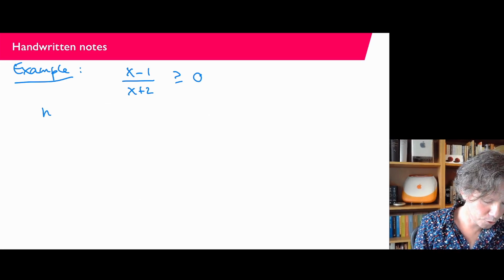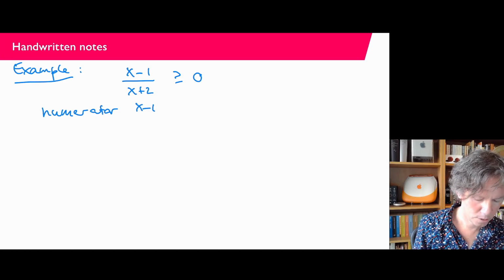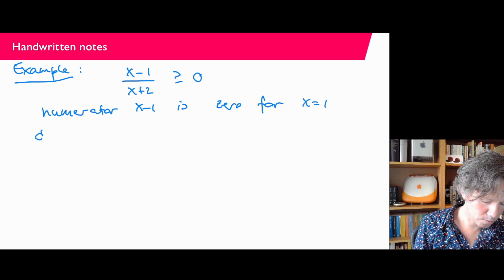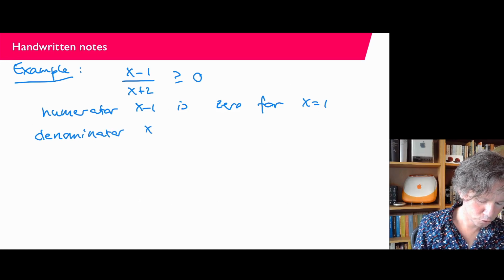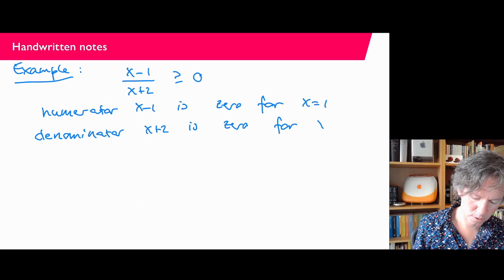So let's see, the numerator x minus 1 is 0 for x equals 1. The denominator x plus 2 equals 0 for x equals minus 2.